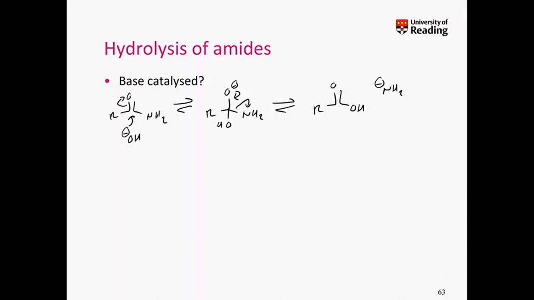That's going to act as a very strong base, and so it's going to react with this hydrogen here to again give us this effectively irreversible carboxylate anion and NH3 as the other partner.